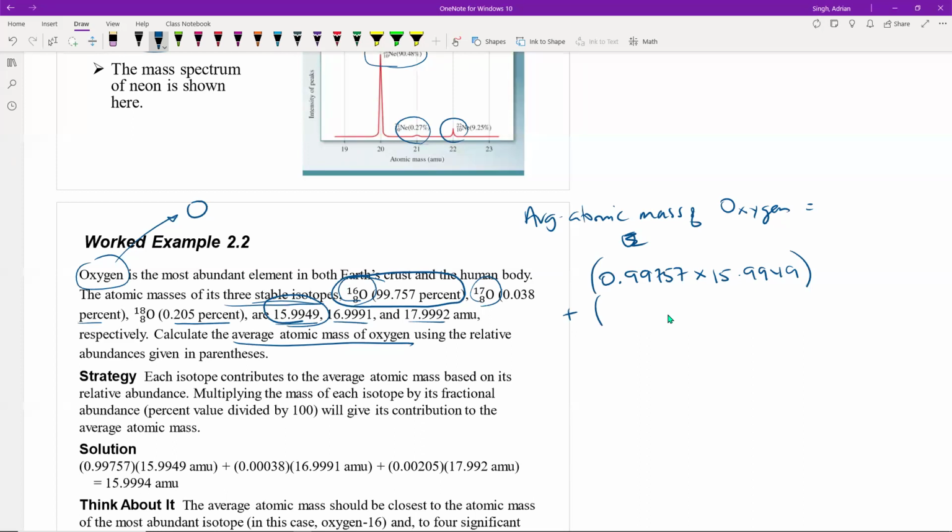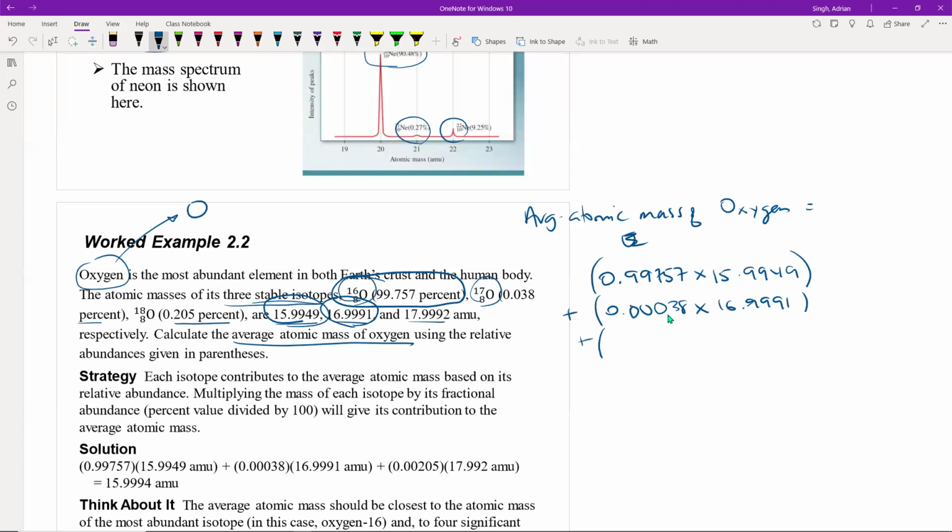It is 0.038%, so expressed as a decimal, move it two decimal places to the left, so that would be 0.00038 times its mass, which is 16.9991 AMU. And then we do that for the third one.